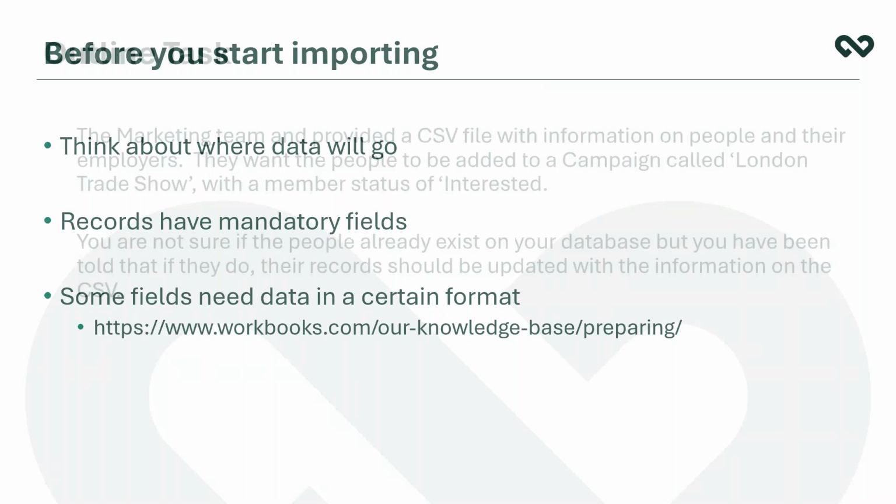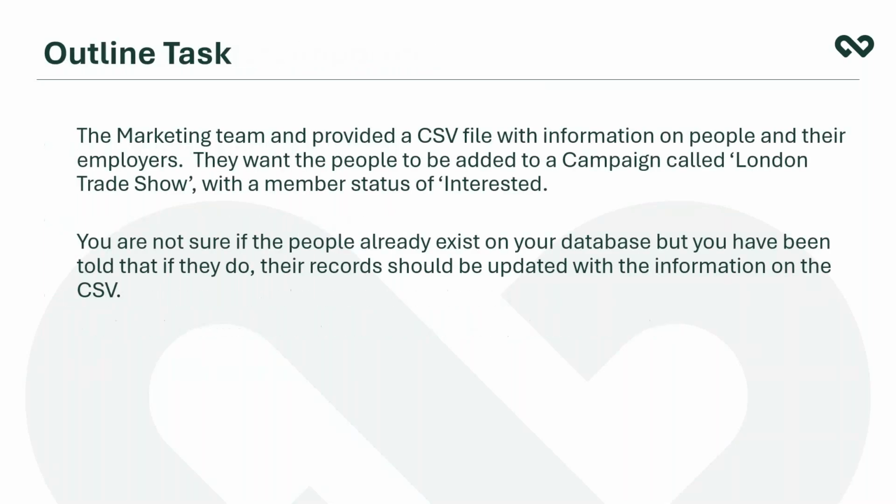So let's have a look at what we've been asked and the task that I'll be showing you today. The marketing team has given me a file with a list of people and their employers and want to add them to a campaign that they'll be doing called London Trade Show. They also want the people to have a campaign membership status of interested.